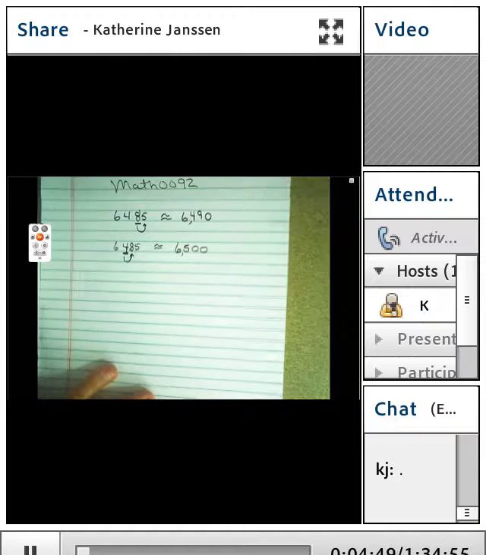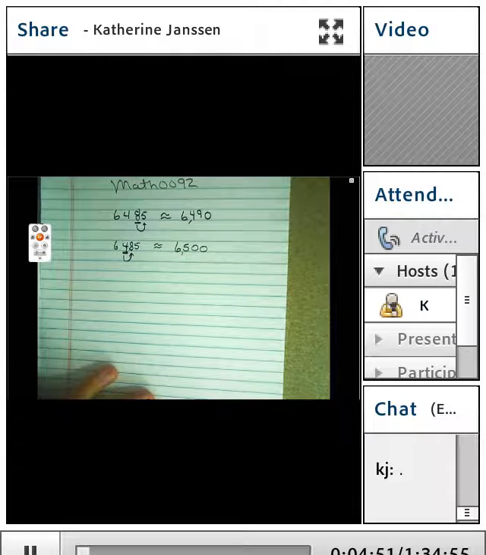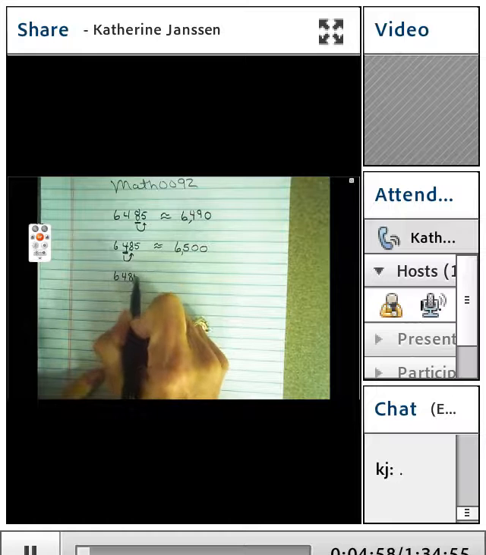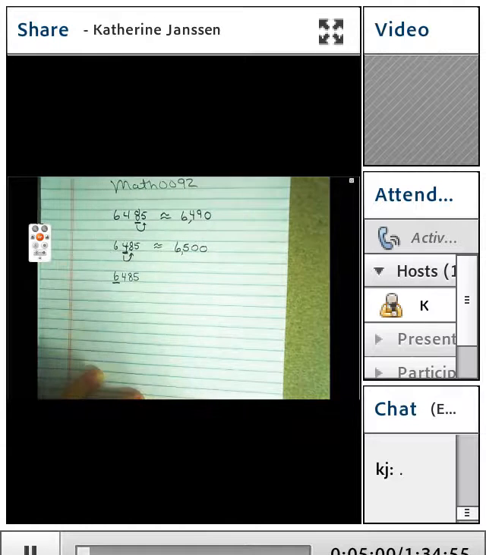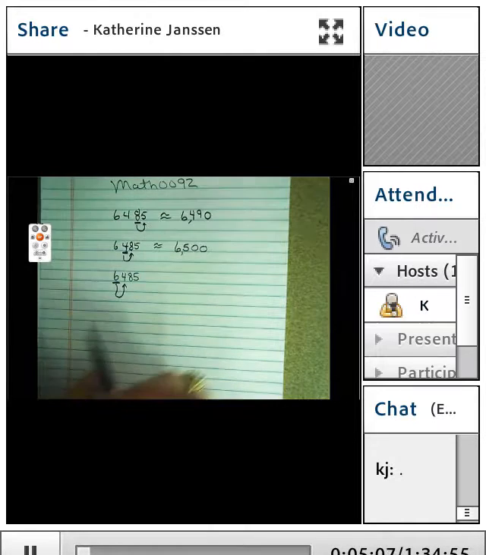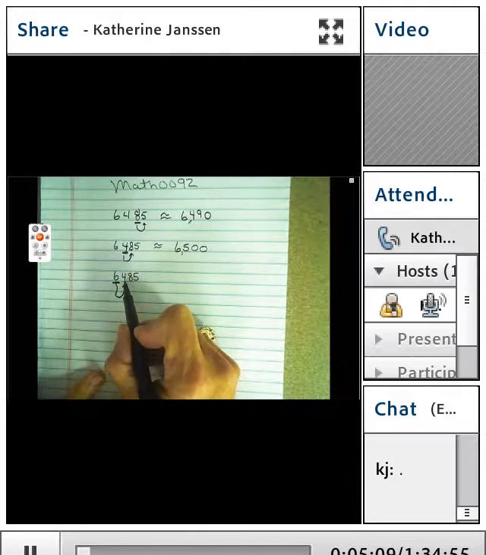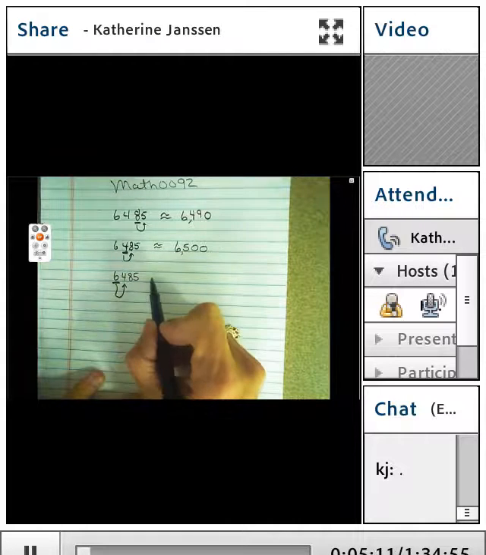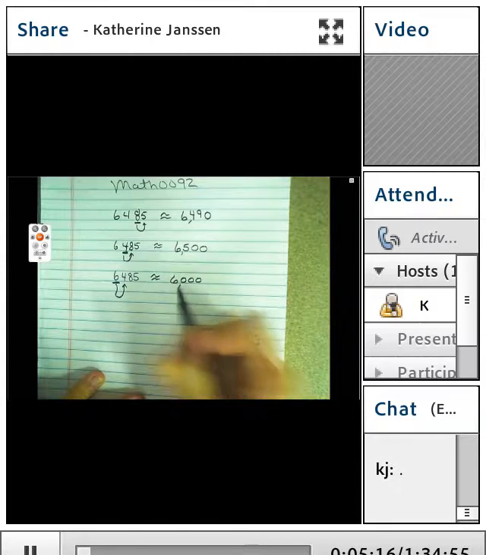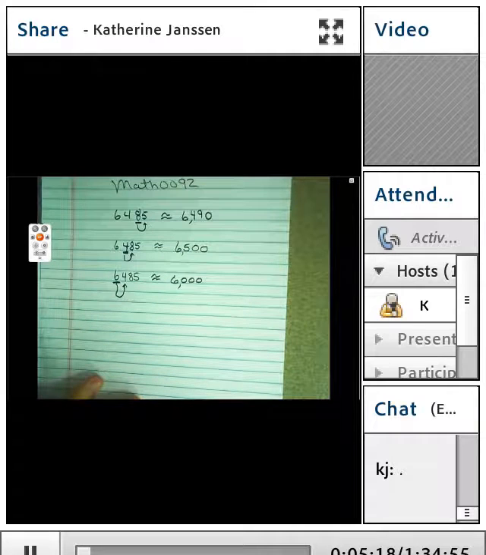So 6,485 rounded to the 100s is approximately 6,500. 6,485 rounded to the 1,000s place: mark your place value that you're rounding to. Look at next door for a little help. If it's 5 or greater, we're going to add 1. Otherwise, we fill with trailing 0s. So 6,485 is approximately 6,000 rounded to the nearest 1,000.